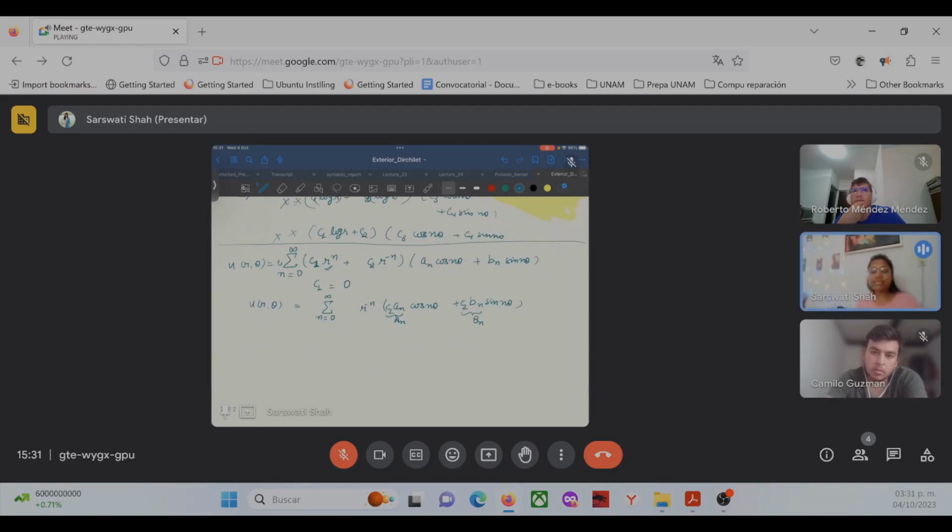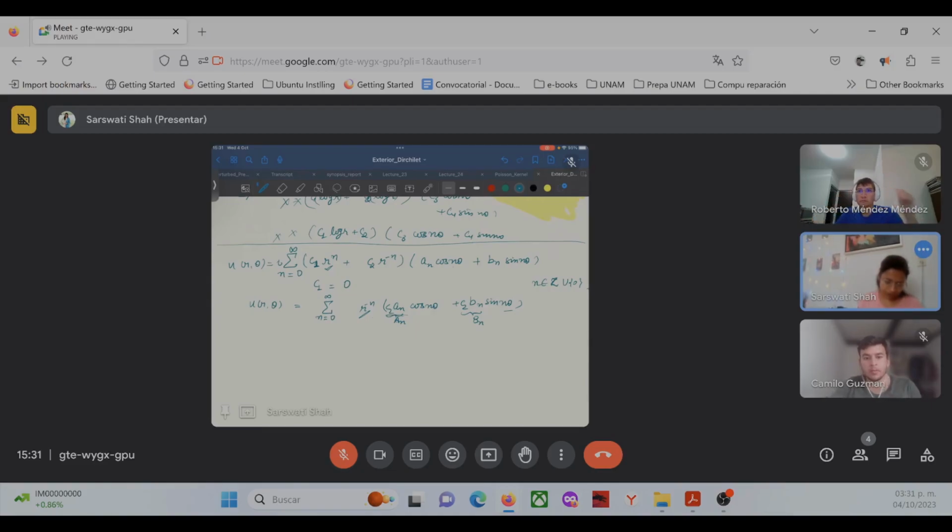We know that this n is an integer, so it varies over integer values, n belonging to Z union 0. Some people consider 0 as an integer, some people do not. It is just their choice, but we are taking 0 here. So at n equals 0, this is going to be 0, is it not? And this is going to be 1. So only an is left.